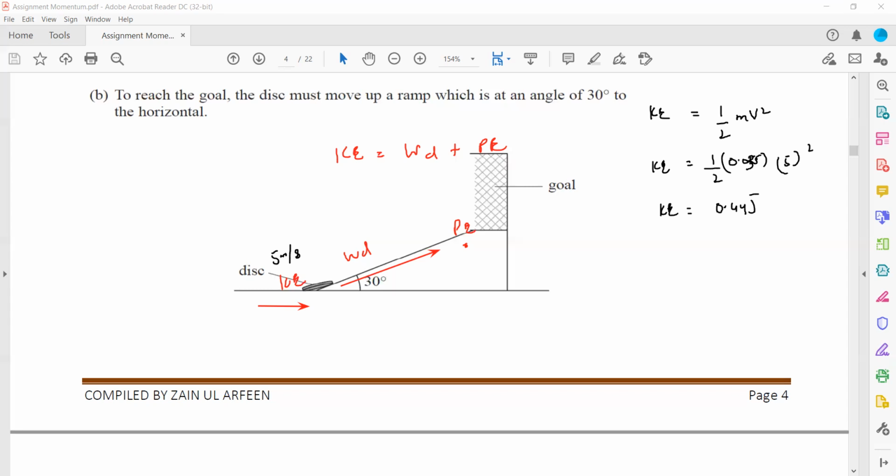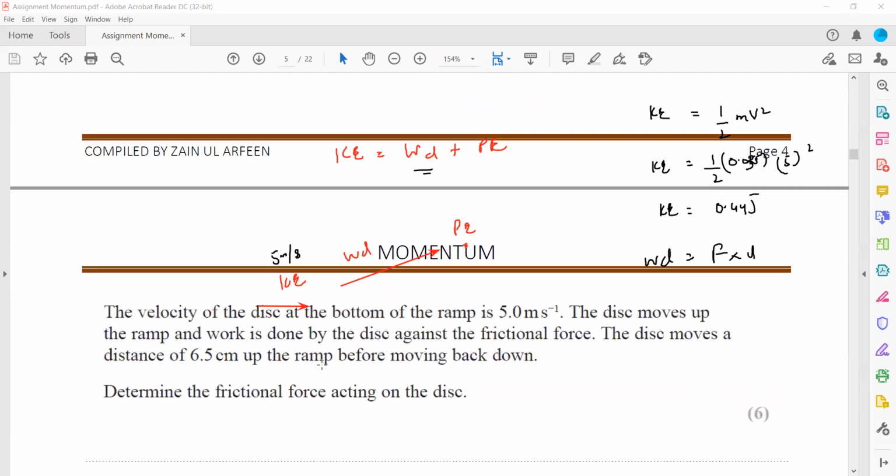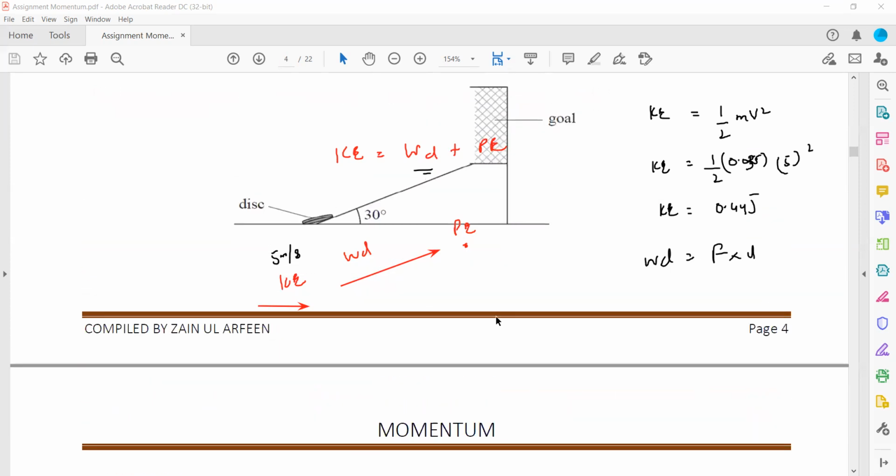Now for the potential energy and the work done. This work done against the friction is equal to force times distance. So the force is what we are finding, and what about the distance? What is the length of the inclined surface? That is given in the question, that the disk moves a distance of 6.5 centimeter up a ramp.